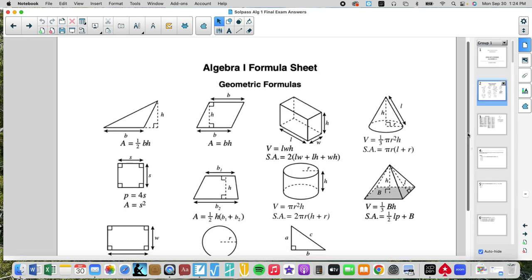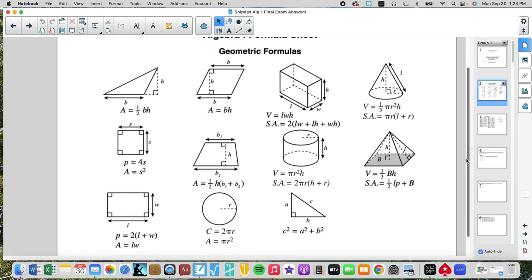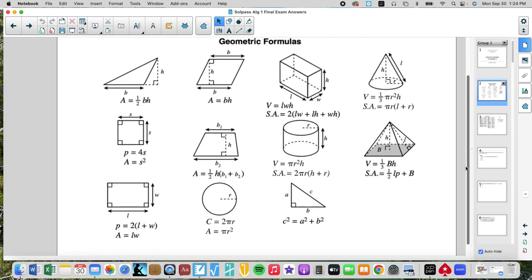So first thing that they provide, Algebra 1 formula sheet, geometric formulas. Love this page. I mean, these are everything. This is more pre-algebra content, maybe outside of the Pythagorean theorem, but that's kind of introduced in pre-algebra also. But all of these geometric formulas are all pre-algebra.